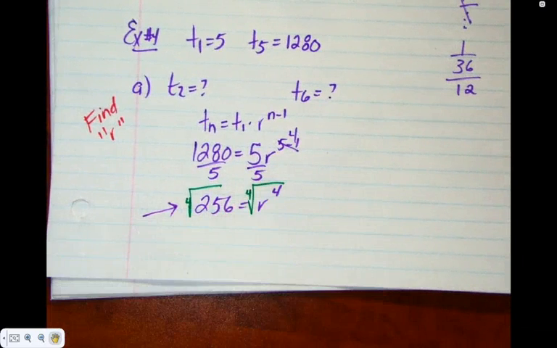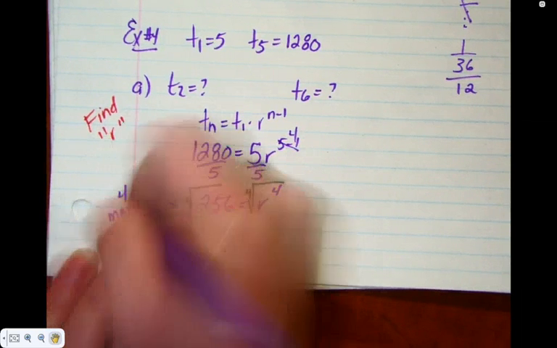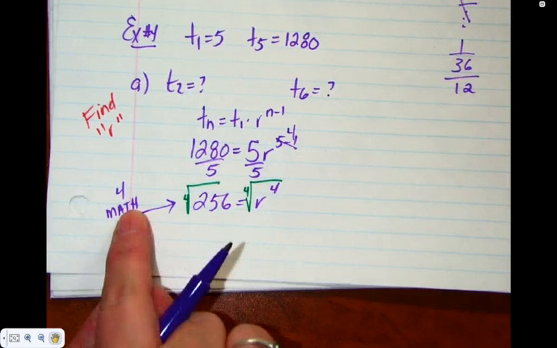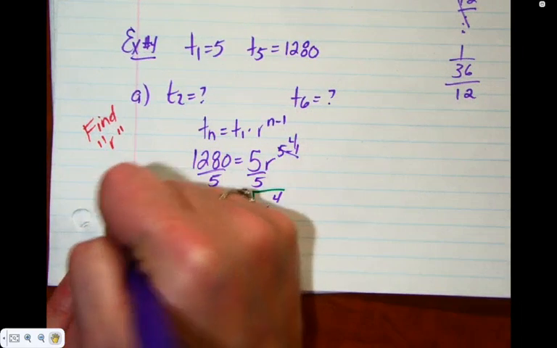How do you do a fourth root on your calculator? You go 4 first, then math, then in the math menu? Yes, so if we're in the math menu, number 5.